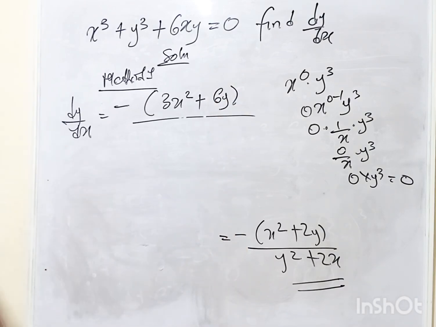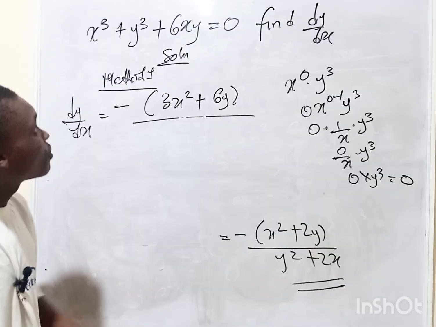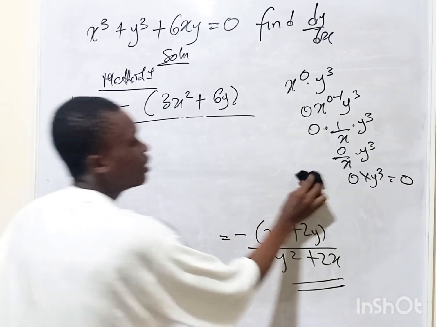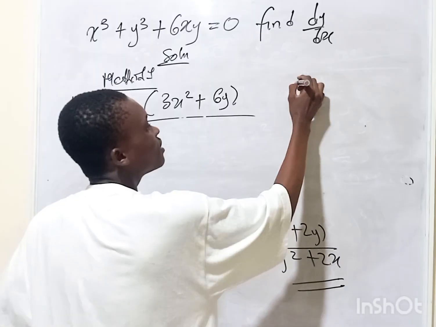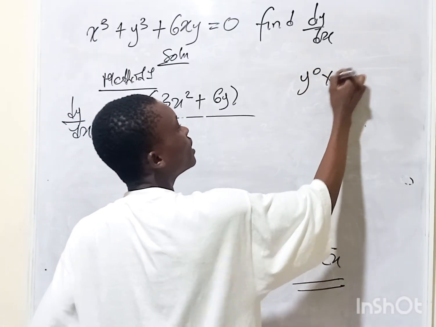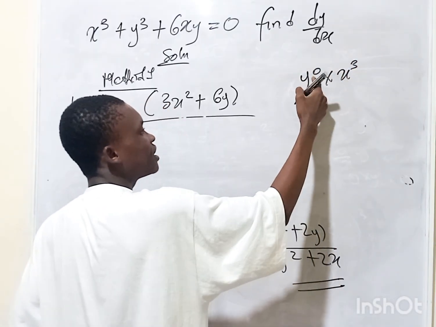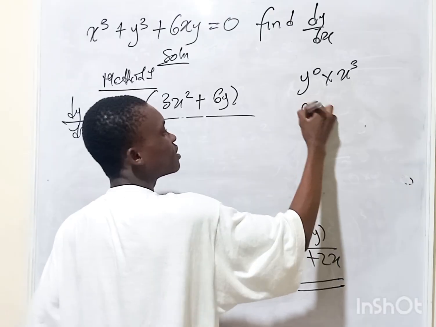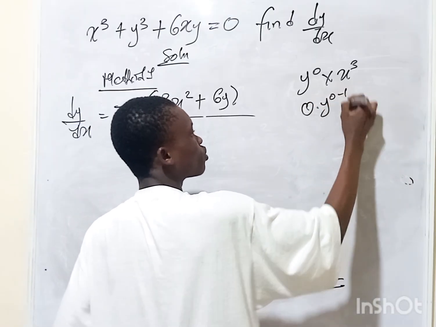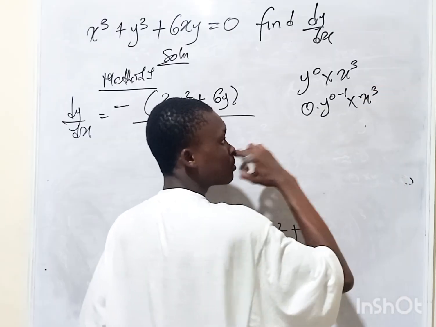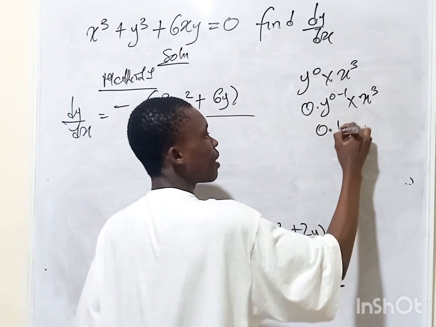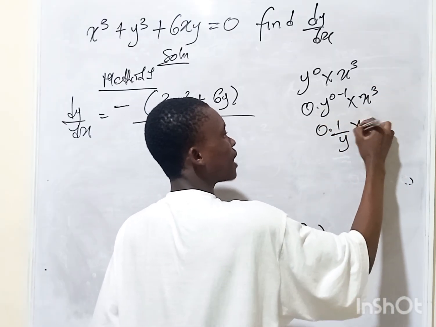So from here now, what do we do next? We differentiate everything with respect to y. So from here, we don't have y here. What are we going to do? We know that this is easier than saying y to the power 0 times x cubed. So if we differentiate this, we have 0 multiplied by y is 0 minus 1, so subtract 1 times x cubed.